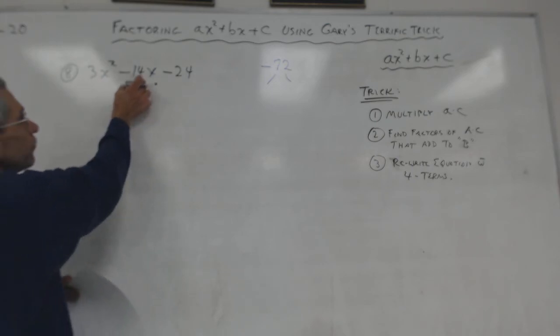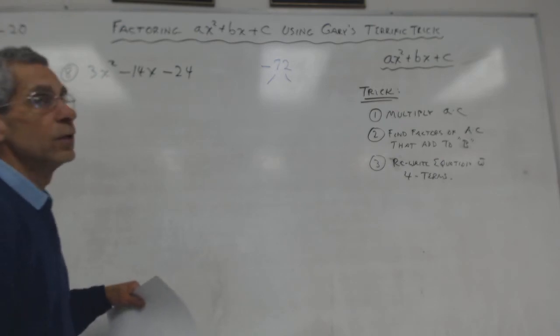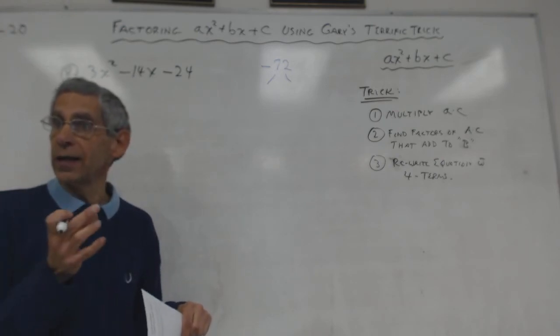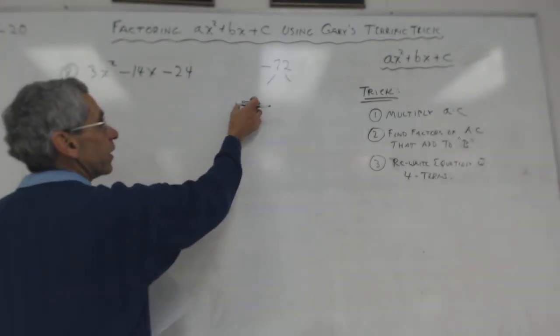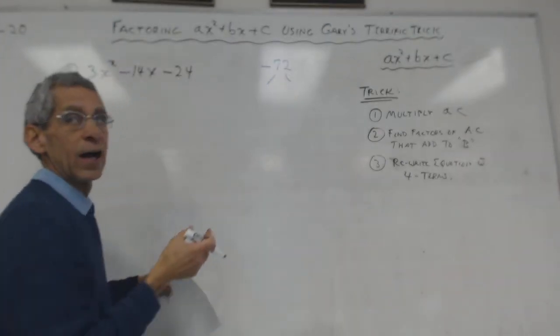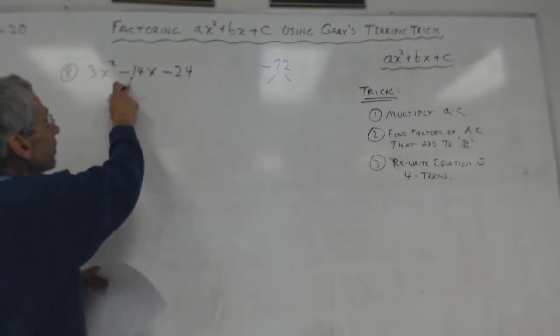We've got to find 2 factors of negative 72 that add to negative 14. So then the bigger number has to be negative. If I have 8 times 9 is 72, 9 would have to be negative in order to get that. But that's not going to work.